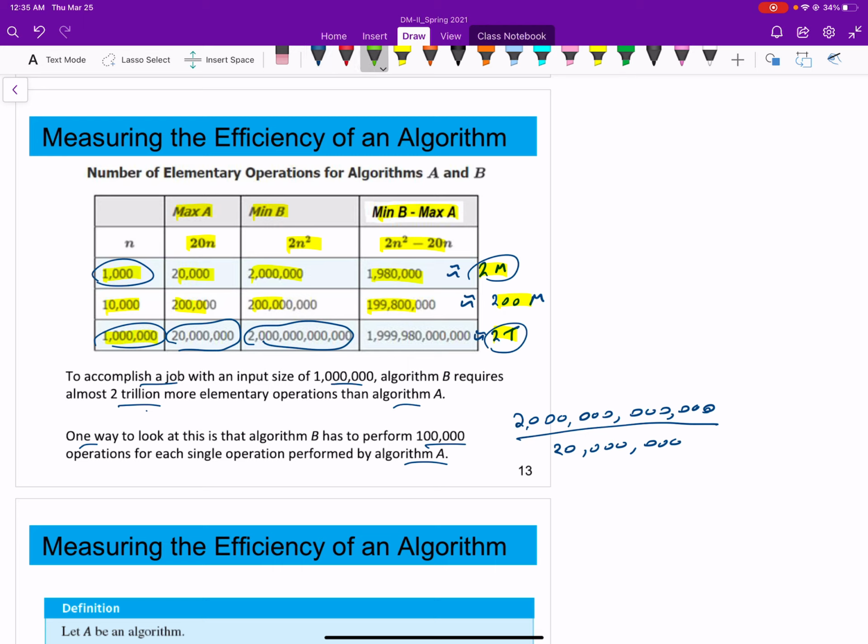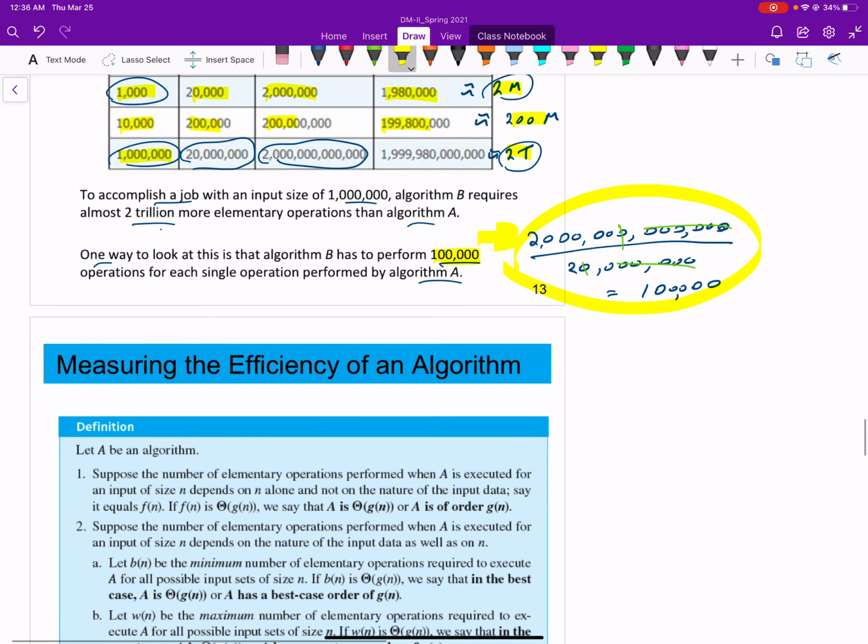You can cancel these zeros, and then it equals just 100,000, which is right here. You can understand that. Let's go to the next slide.